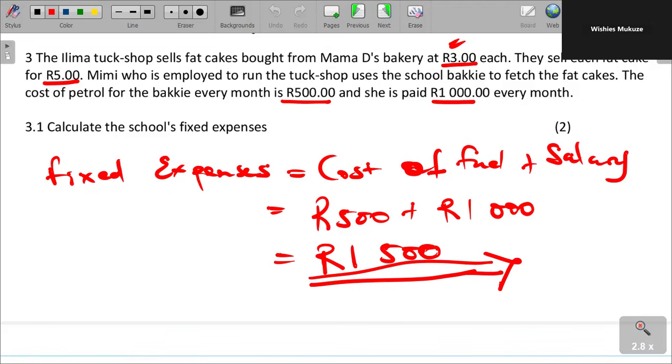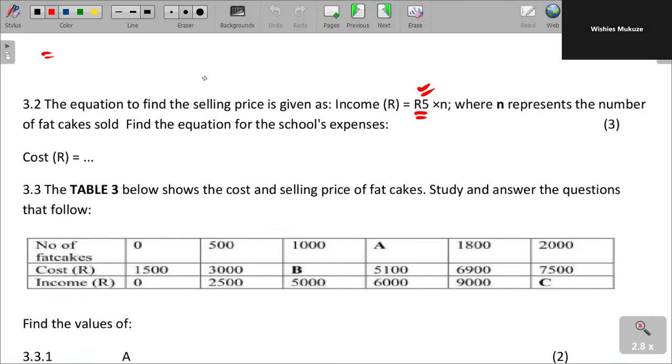So now the question for this one is cost in rands.